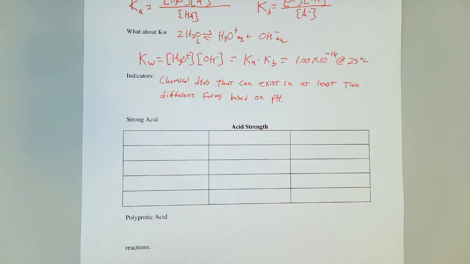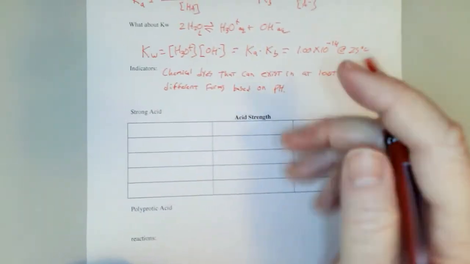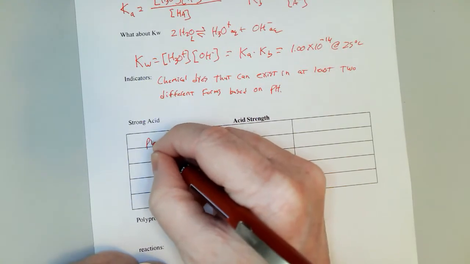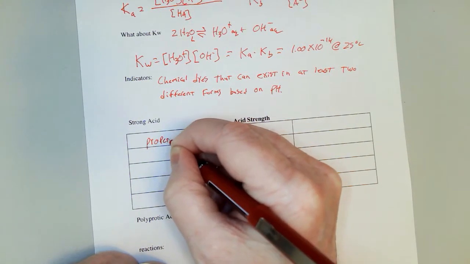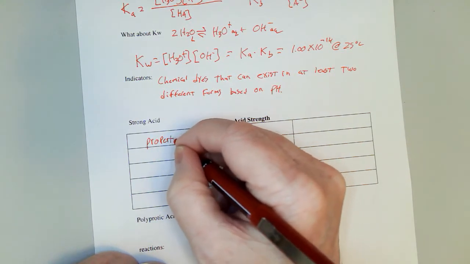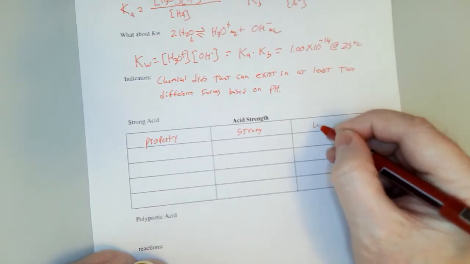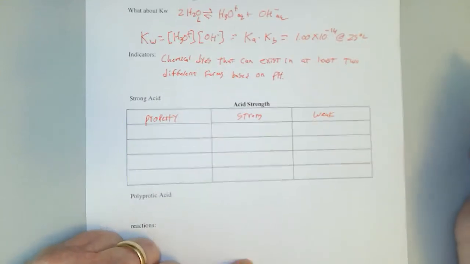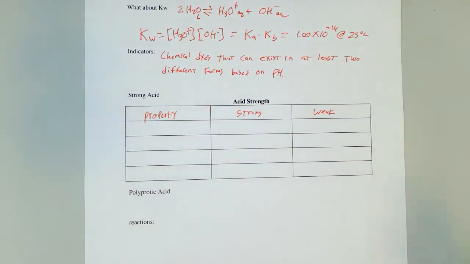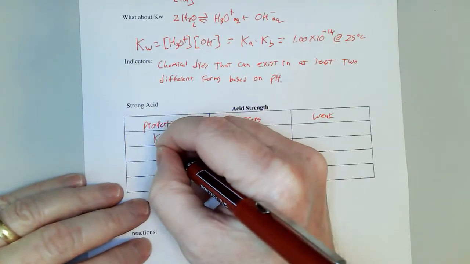Okay. Now, this table is actually a great table. You can answer a lot of questions with this. Okay. For a strong acid, for a weak acid, let's compare some of their typical properties. Now, there are a lot of different ones that we could choose to fill in here. I like to start off with Ka.